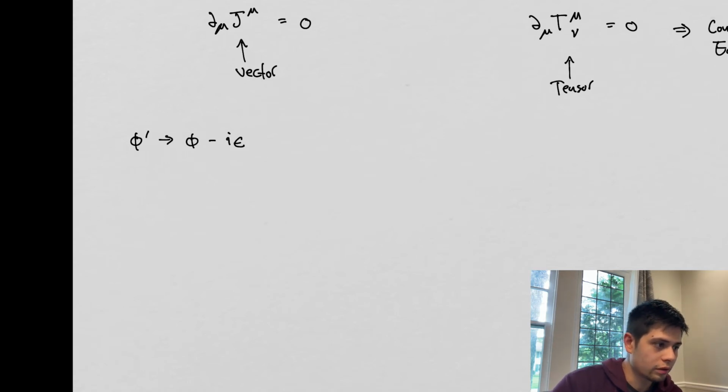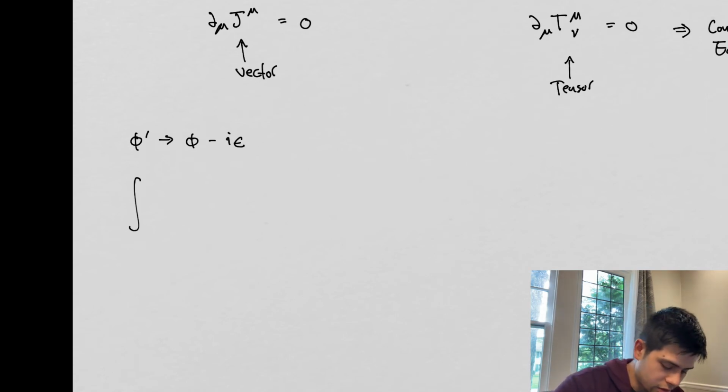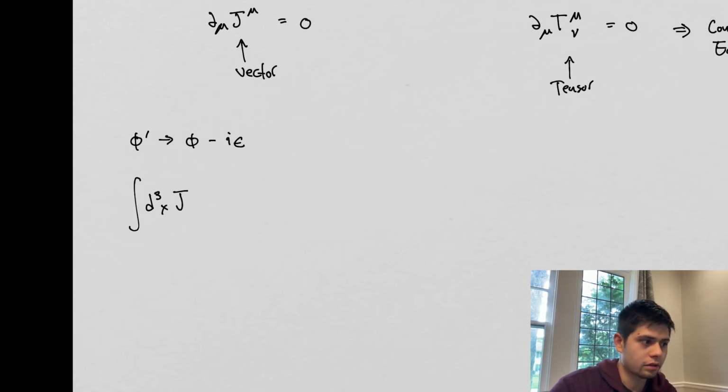Well, we could take the integral over space of our j, this thing that's being conserved, or this vector, and let's consider the 0th component of that vector.